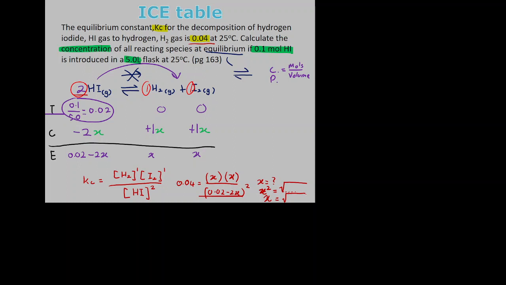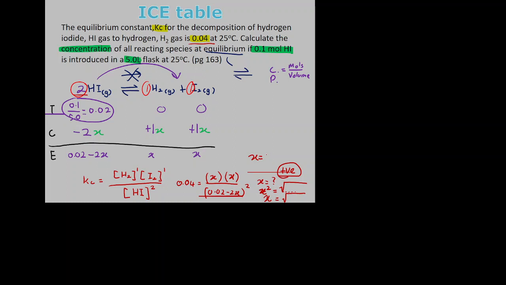But we always know that with a square root, you get two answers, a positive and a negative version. You get two because when you factorize, you should get two answers. Just remember that for an ICE table, concentration or pressure, we only take the positive value. After this, calculate with your calculator.